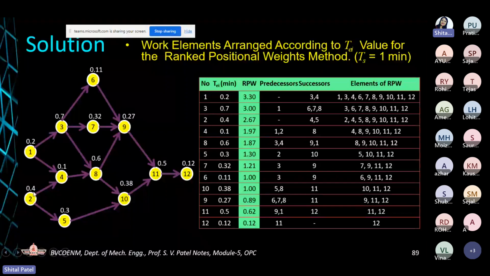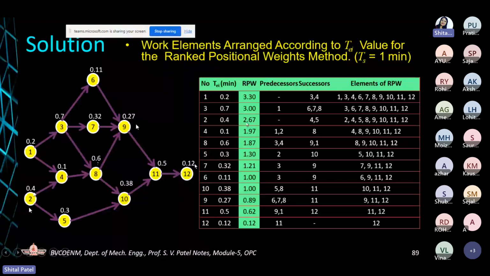Making a summation of 0.4, 0.1, 0.3, 0.6, 0.38, 0.27, 0.5, 0.12, the total processing time is 2.67. So 2.67 minutes depend on activity number 2. Am I clear with this?